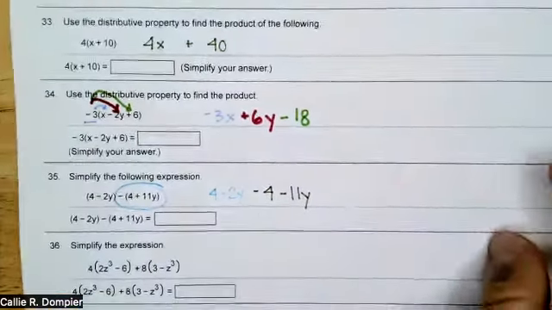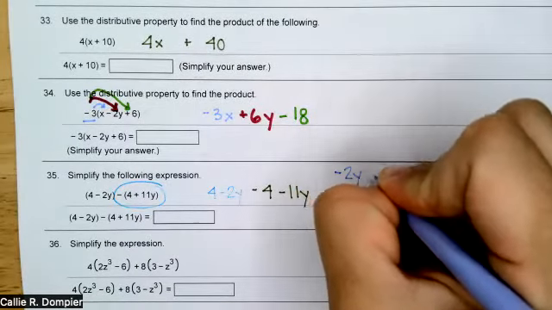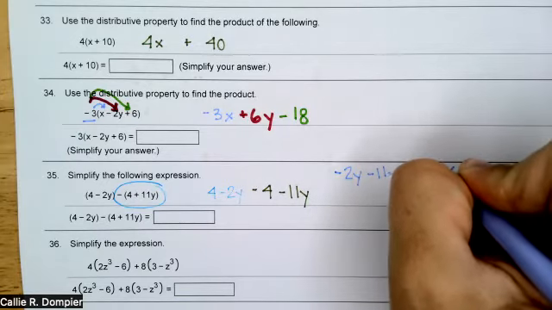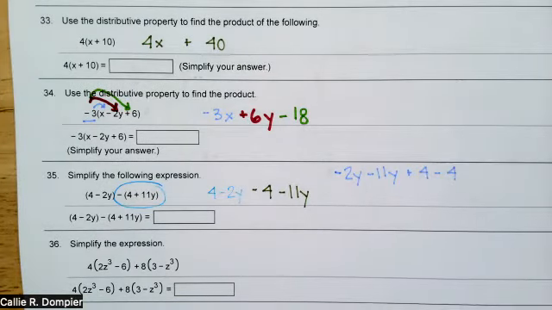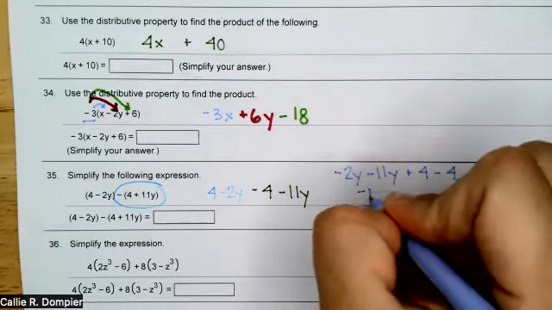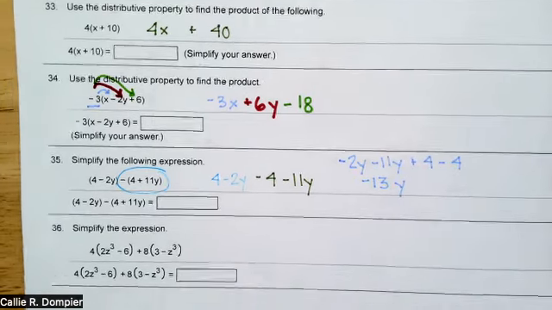Then I put it in order. So that becomes -2y minus 11y plus 4 minus 4. Good, all in order. -2 minus 11, combine them, you get 13, but they were both negative. 4 minus 4 is 0. So our answer is -13y.